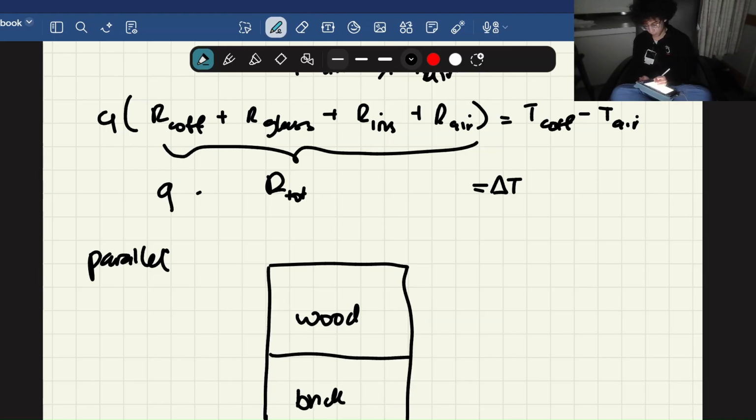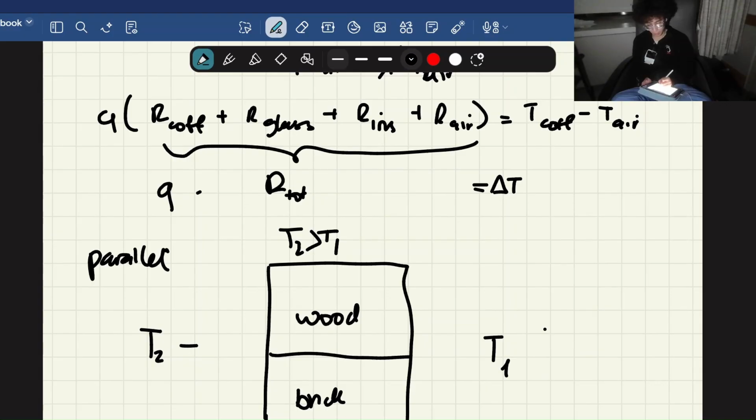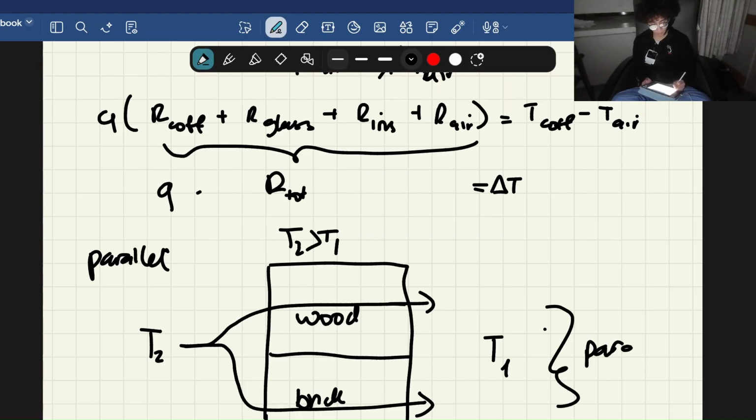And then we have temperature T2 and T1, so there are two different temperatures. Let's say T2 is larger than T1, so heat can travel through two paths, through the wood or through the brick. So heat transfer is gonna be divided through two parts, so these are parallel.